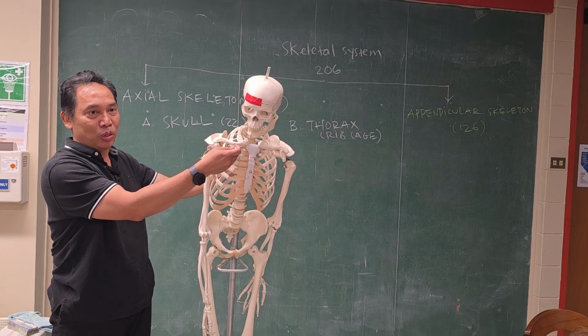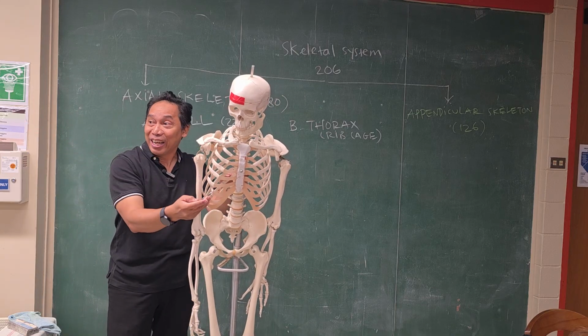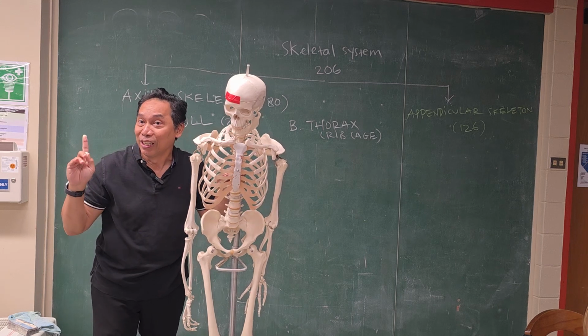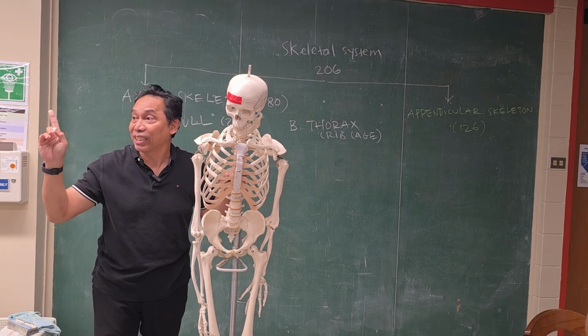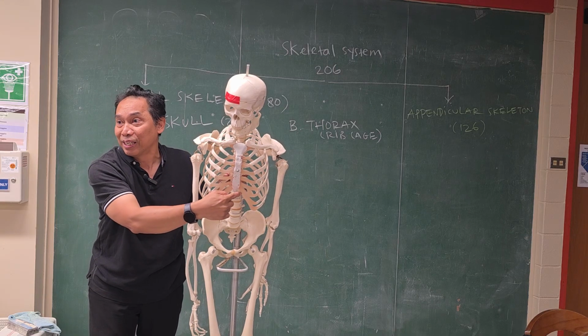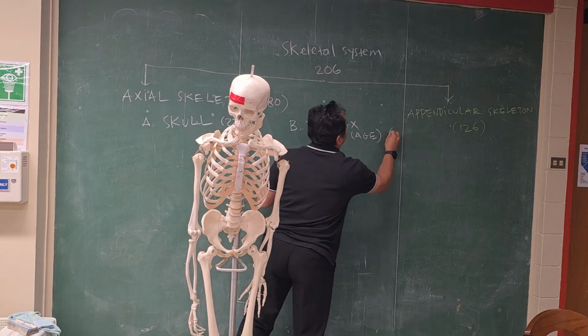Gonna be 12, yeah, that's good. 12 on the left and 12 on the right. How many total? 24. Plus, there is one bone called the breastbone in the middle. So how many total in the thorax? 25.